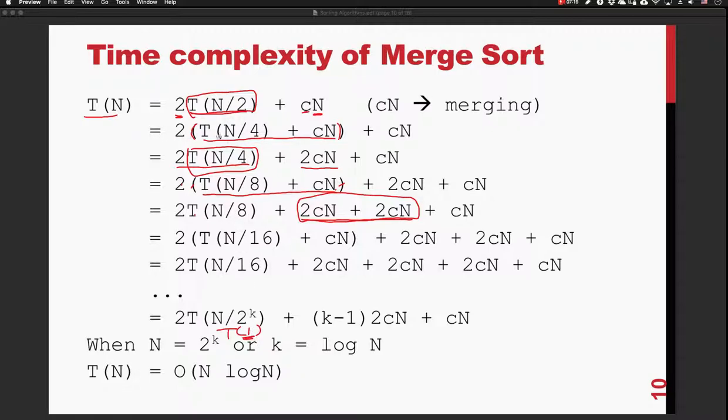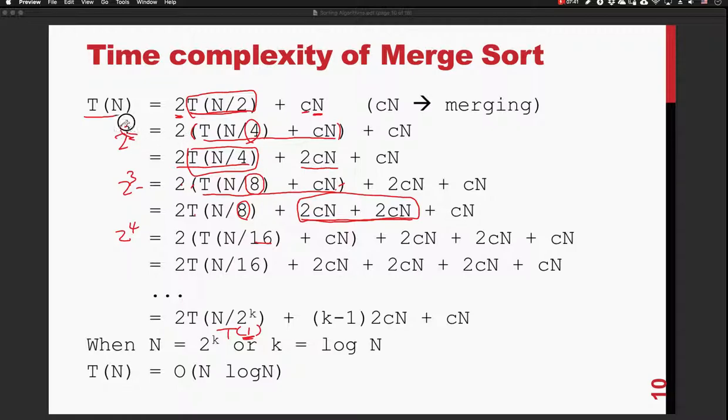So how many steps are we going down? We can look at the divider part. Here 4 means 2 to the 2, 8 means 2 to the 3, 16 means 2 to the 4. So compare the exponent with how many 2cn's we will have.